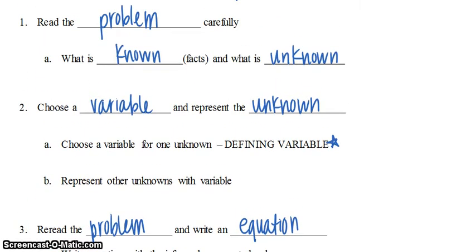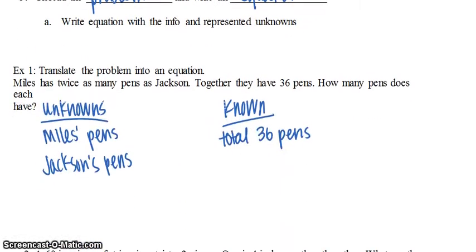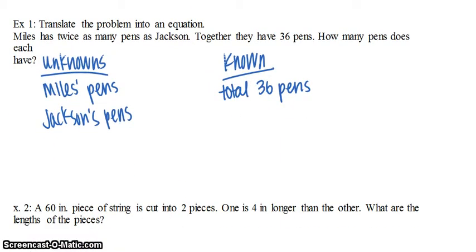Now if you go back, it says choose a variable and represent the unknown. There can be different choices depending on what you decide to define. If you want to define Miles's pens as the variable, or Jackson's pens as a variable, I always like to look at the problem and see which one will make my life easier, like using multiplication and addition versus subtraction and division. It says Miles has twice as many pens as Jackson.